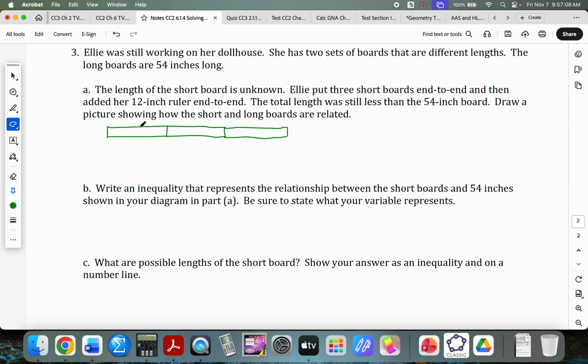So let's just call it X. And then she put her ruler on here that was 12 inches long. And then she's got a long board now. After putting all these together, it's still shorter than the long board.